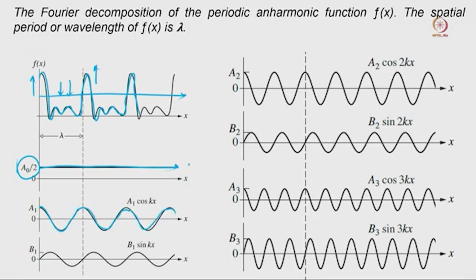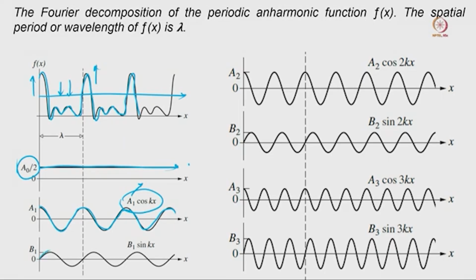Now you can see this wave we can represent as A1 cos kx, where A1 is the amplitude and cos kx we discussed multiple times. Now, if I have a second choice, I will add a sine wave.